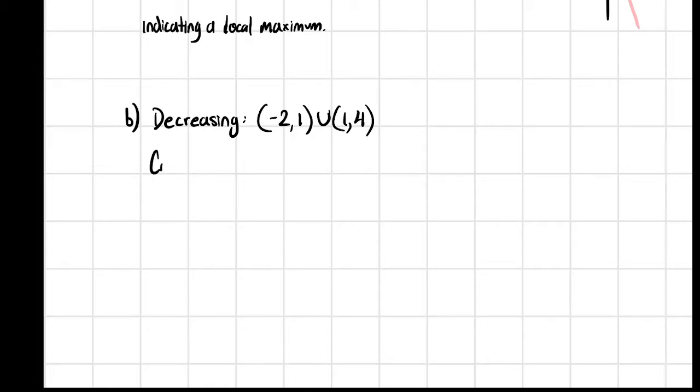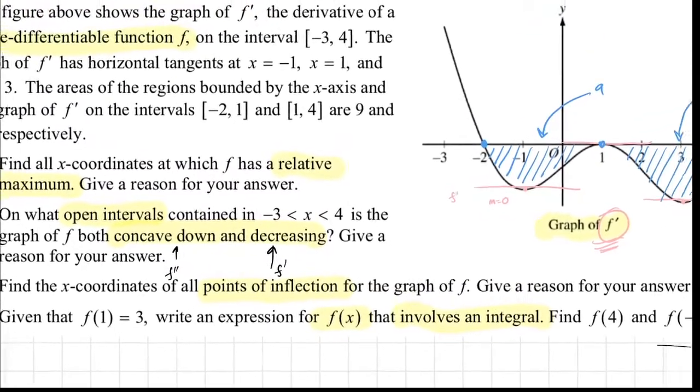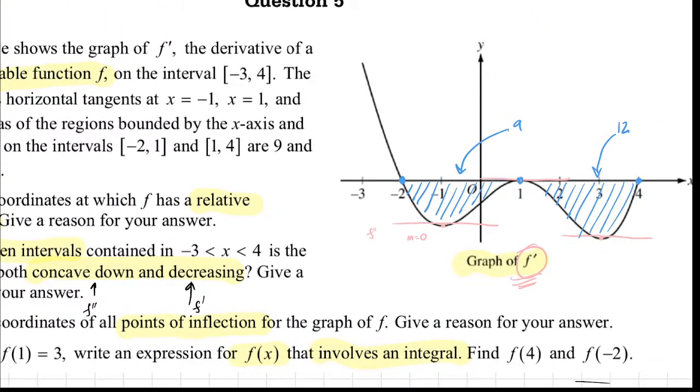So when we're checking for concavity, we're going to take the second derivative and say, is it positive or negative, essentially. So concave up would be positive, and concave down would be negative.